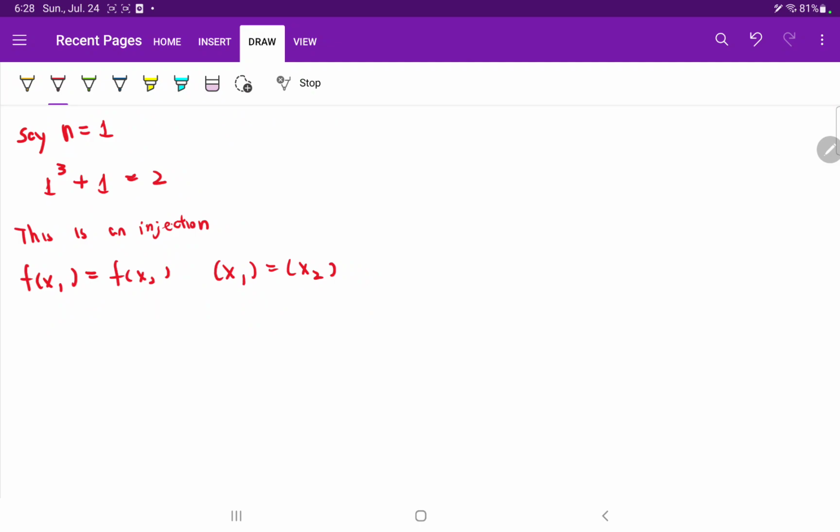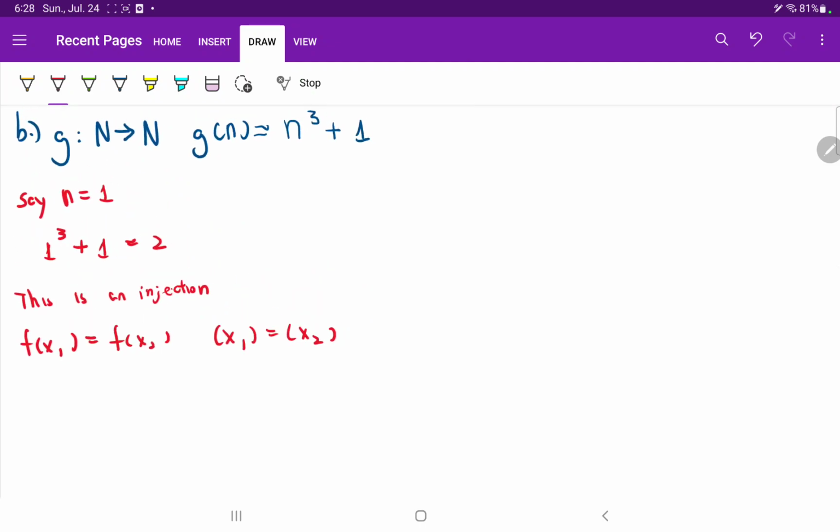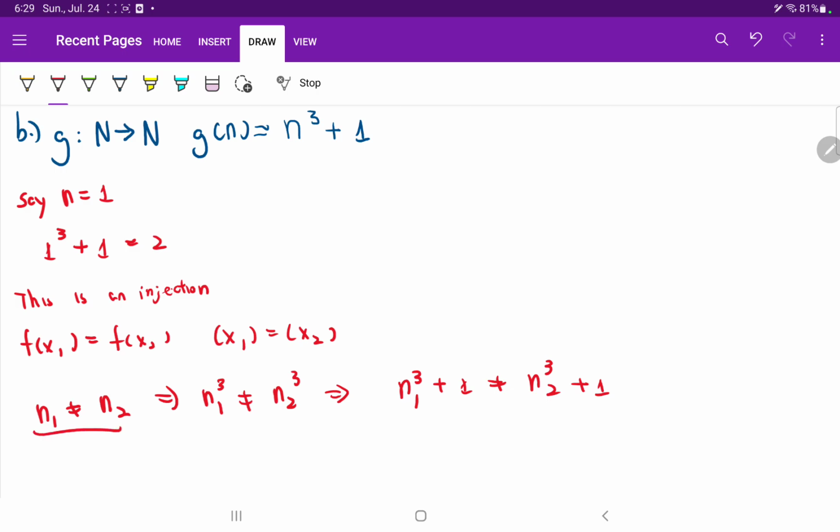So we can go from this definition. Let's say that if n1 is not equal to n2, our two natural numbers, then n1 cubed is not equal to n2 cubed. Which implies that n1 cubed plus 1 is also not equal to n2 cubed plus 1, because n1 and n2 are different, as I assumed.